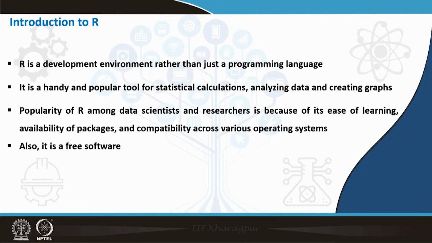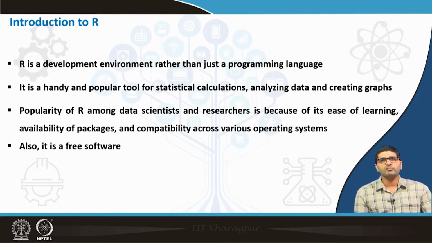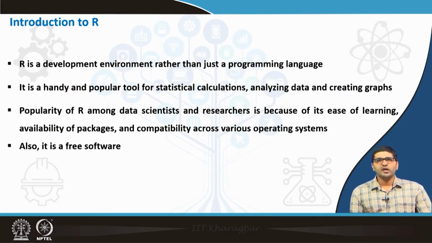So, when we see R, R is a research or development environment rather than just a programming language. It is a handy and popular tool for statistical computation, analyzing data, and creating graphs and charts. The popularity of R among data scientists and researchers is because of its ease of learning, availability of different packages, and compatibility across various platforms.